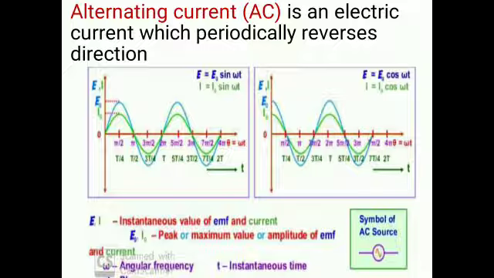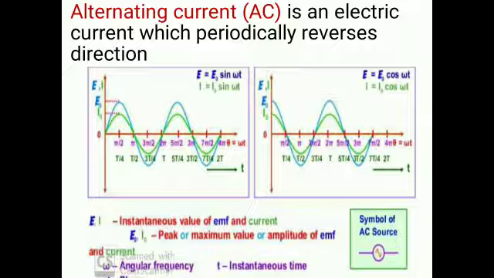Alternating EMF is mathematically represented as E = E naught sin omega t, and alternating current is represented as I = I naught sin omega t, where E and I are the instantaneous values of alternating EMF and alternating current respectively, where E naught is the maximum value of alternating voltage, that is the peak value of the curve shown in the graph, and I naught is the maximum value of alternating current.